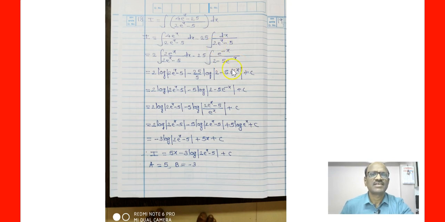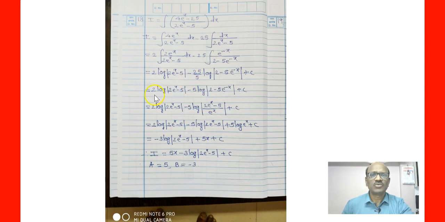Now again it is of the form f dash of x upon f of x, that is a log form, log of mod of 2 − 5e^(−x), upon its coefficients, and therefore its sign becomes minus 1 into the derivative of e^(−x), that becomes minus minus plus sign, and this negative sign remains as it is.